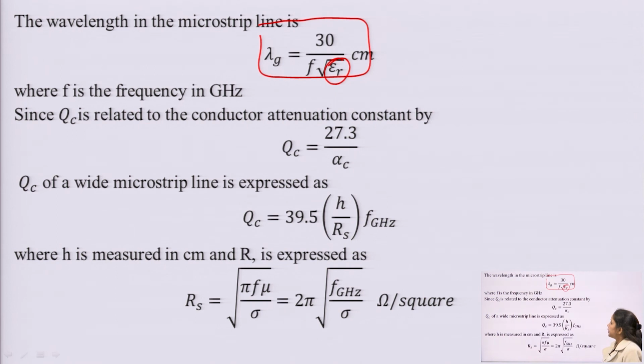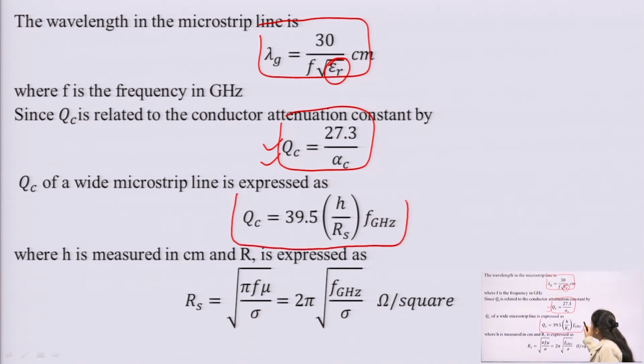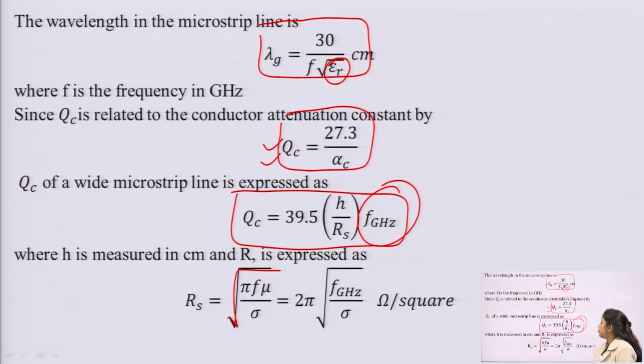Since Qc is related to the conductor attenuation, the quality factor due to conductor attenuation is given by this expression, and for a wide microstrip line, the expression changes and it is given by 39.5 times H upon Rs, with frequency in gigahertz, and Rs is basically given by, which is our surface impedance, root of pi f mu upon sigma.